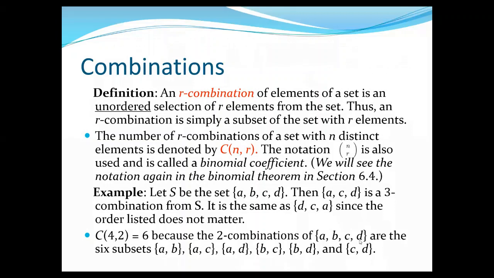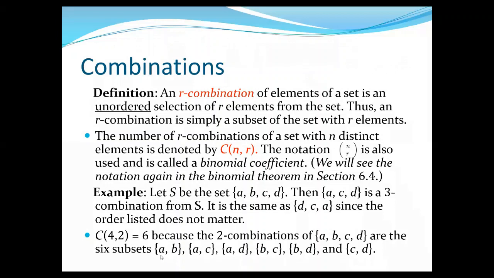And D with A, we already have AD, so we don't need DA. DB, we already have BD, so therefore we don't need DB as part of our result. And DC definitely is not part of the answer since we already have CD.